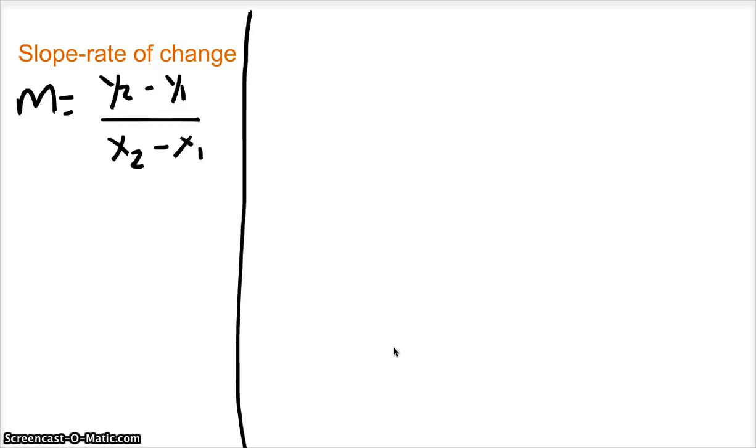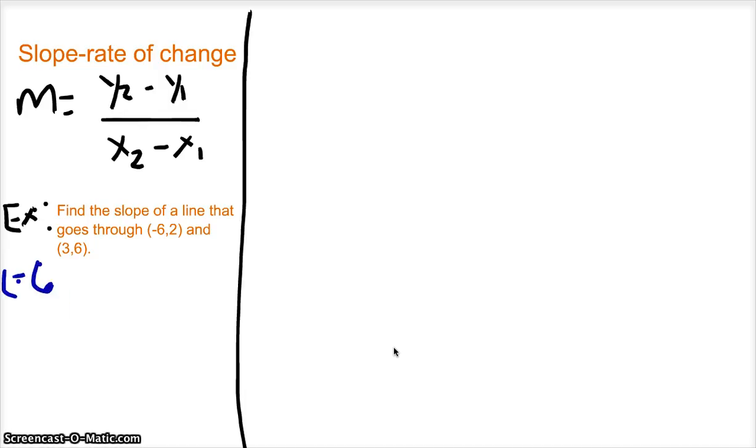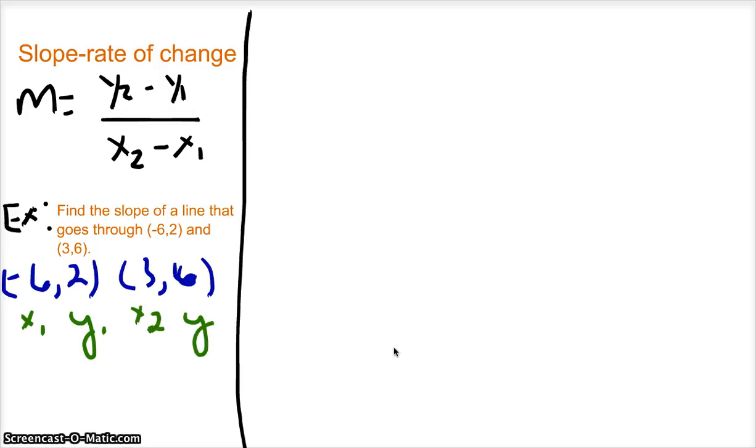Alright, we're going to do an example. It says find the slope of a line that goes through negative 6, 2, and 3, 6. The first step is to label your points: x1, y1, x2, y2.